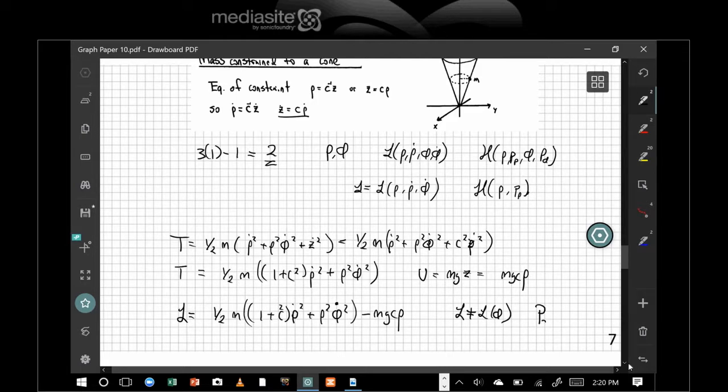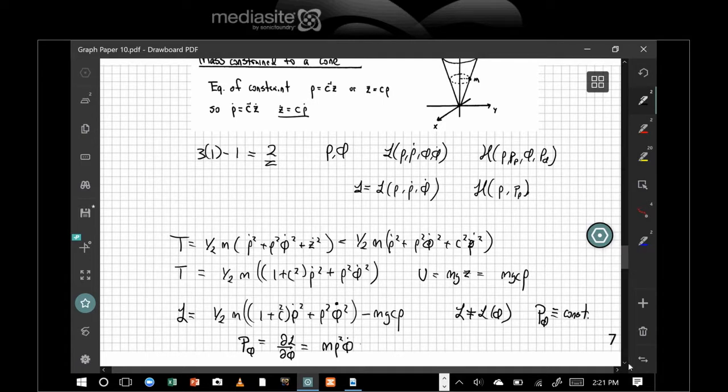That means p sub phi is a conserved quantity, and that's going to explicitly show up in the Hamiltonian. So let's find p sub phi. P sub phi is equal to partial L with respect to phi dot. That's my definition, and that's going to give me m rho squared phi dot. And that's my constant.